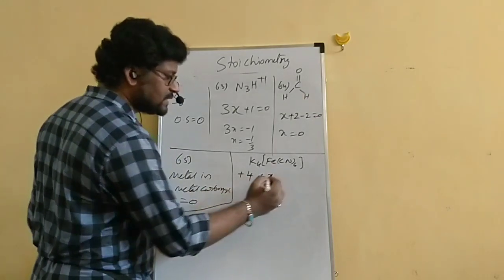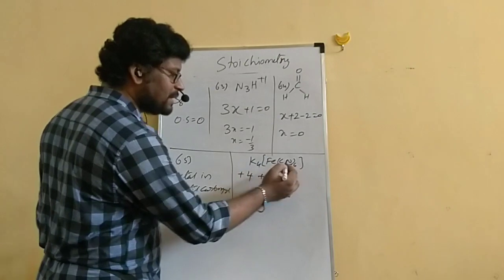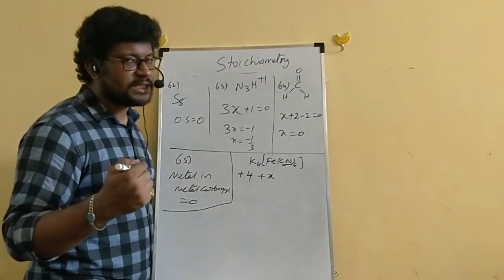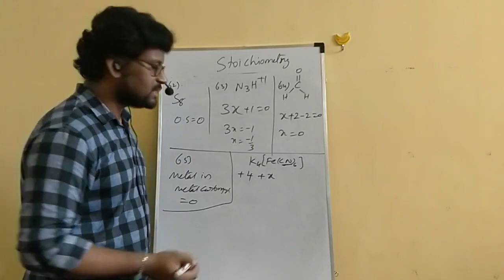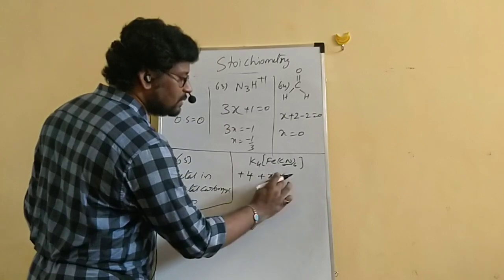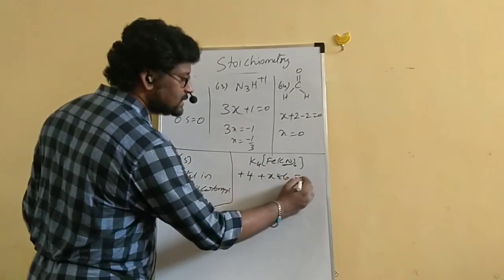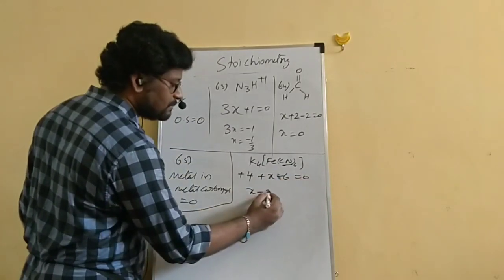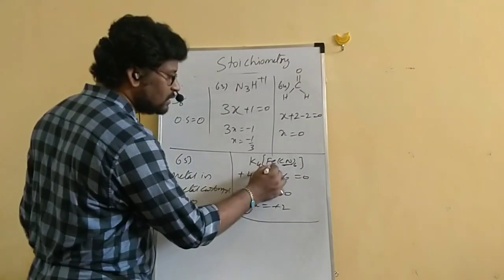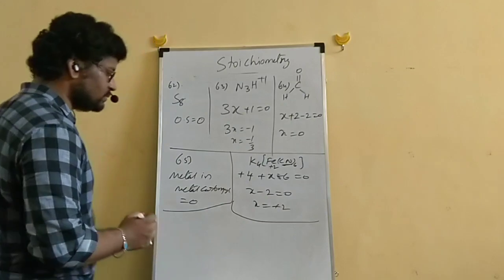Iron we don't know, plus X. Cyanide is minus 1. From HCN, if you remove H plus, you get CN minus, that is minus 1. Totally 6 are there, so 6 into minus 1, minus 6, is equal to 0. X minus 2 is equal to 0. X is equal to plus 2. The oxidation state of iron in K4Fe(CN)6 is plus 2.